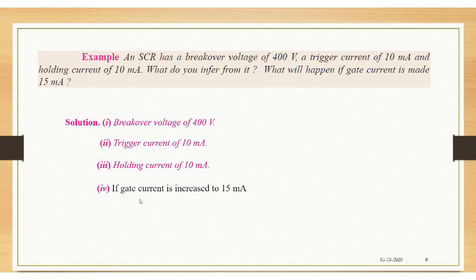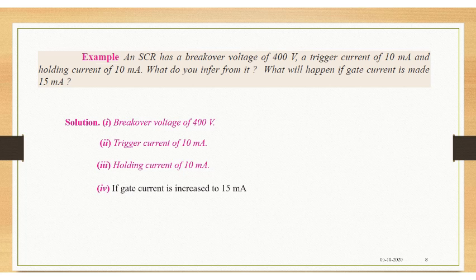That means if I increase the gate current, I can turn on the SCR earlier or faster, isn't it? So the conduction of the thyristor can be controlled. The way you turn on, at what time you turn on, can be controlled by this gate signal. So if you are increasing, you are able to turn on the device faster or earlier or with the lower supply voltage itself.